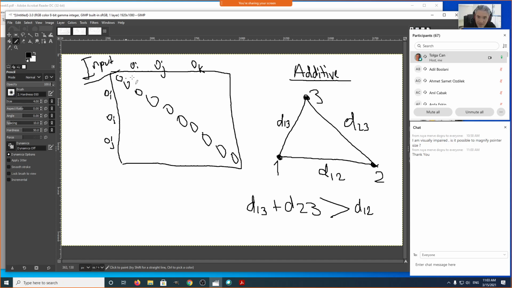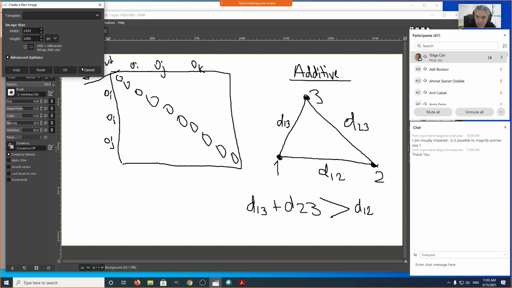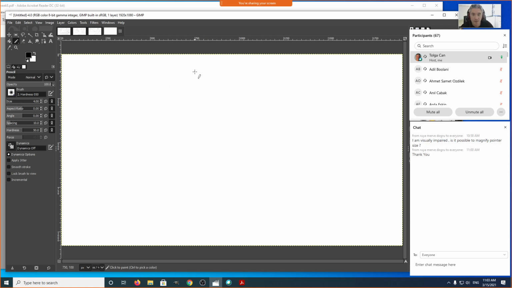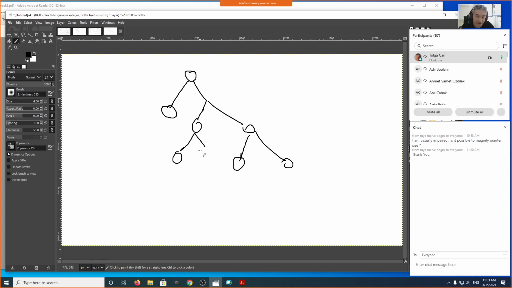We are going to be given this input matrix, and our goal will be to generate a binary tree in such a way that all the objects are at the leaf nodes. For example, if I have 11 objects, this tree should have 11 leaf nodes. I'm going to arrange them in different order at the leaf nodes, and I'm going to associate weights.